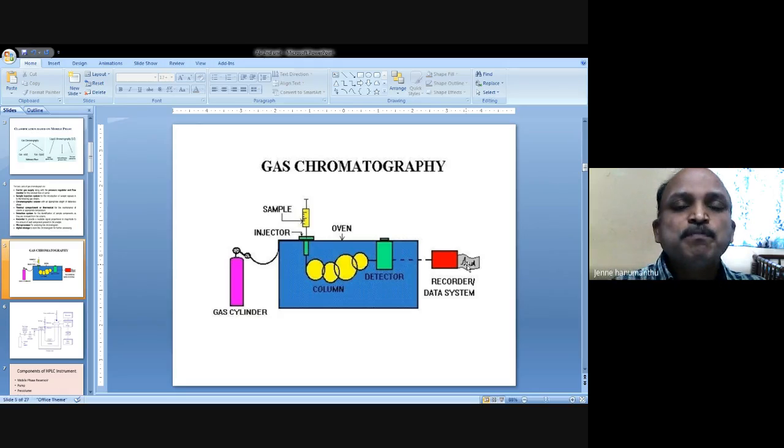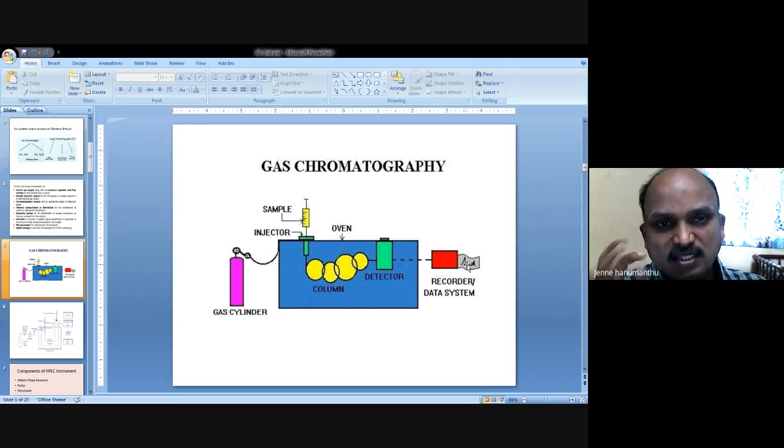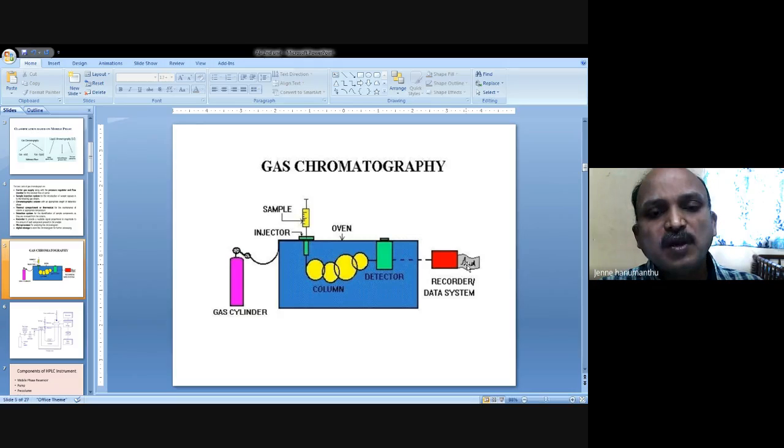Very simple. Gas is a carrier, the mobile phase, so it carries the unknown sample into the column. Based upon the column property, there is a mixture of a number of chemical components. One component may reach first, the next component second, the third component third, like this.